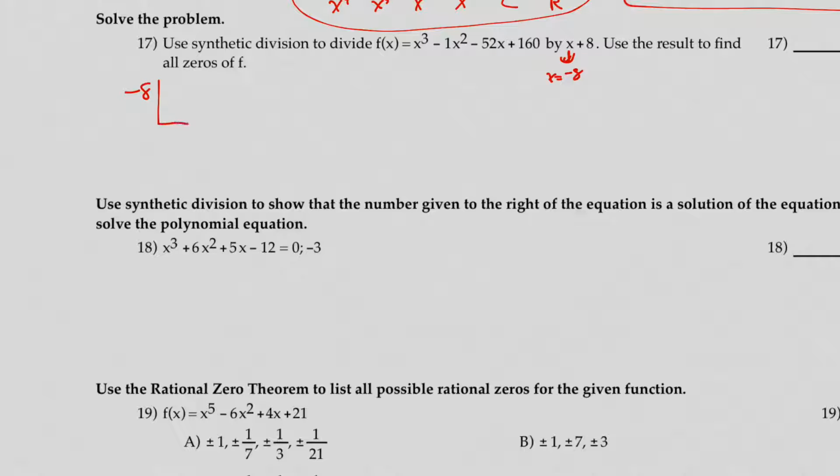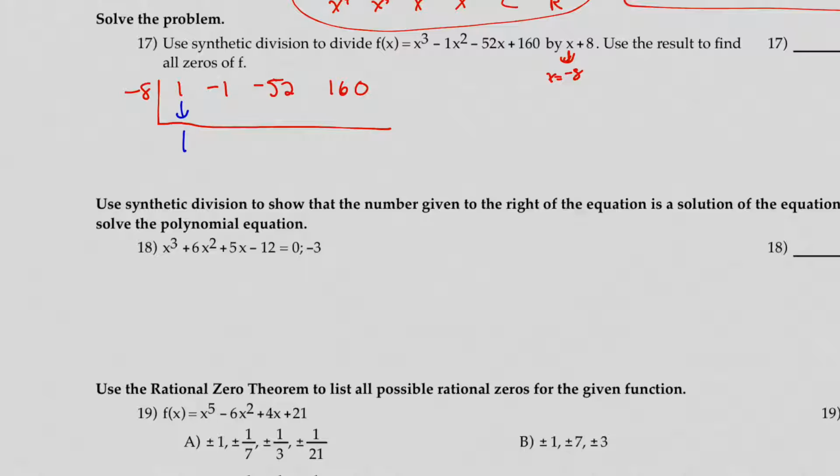So negative 8 into, and we don't have any missing terms, so we're going to put 1, negative 1, negative 52, and 160.